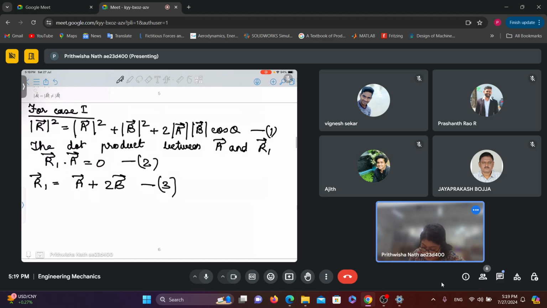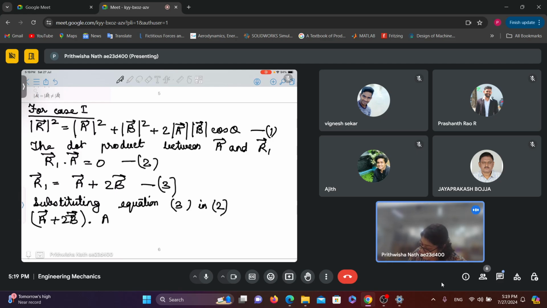Now I will substitute equation number 3 in equation number 2. So what will I get? A plus 2B dot A equals 0.